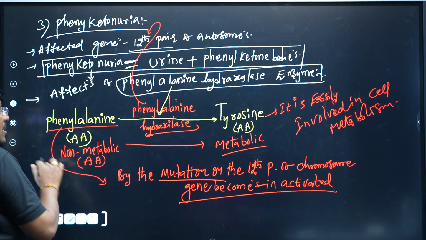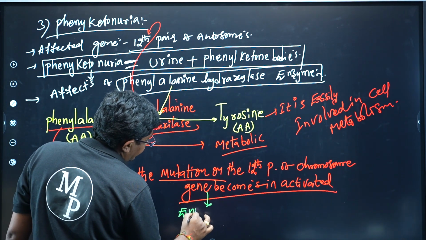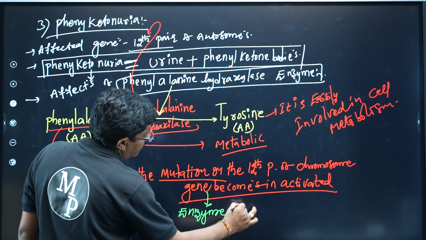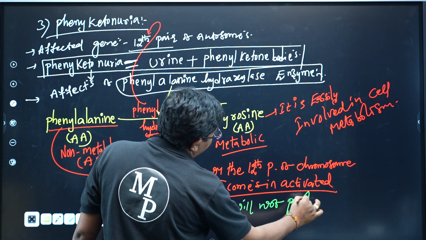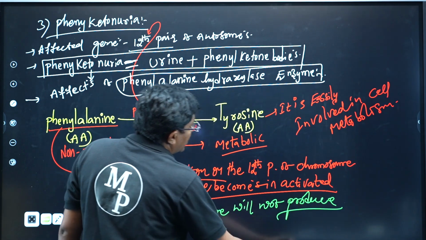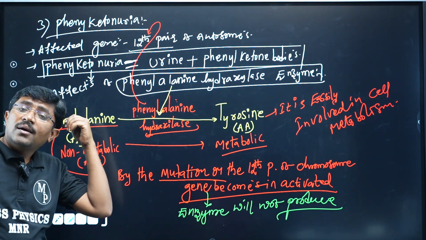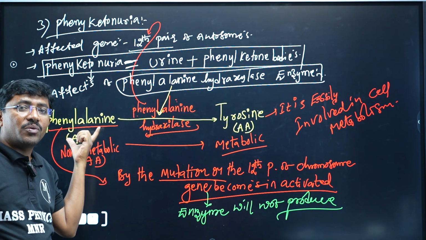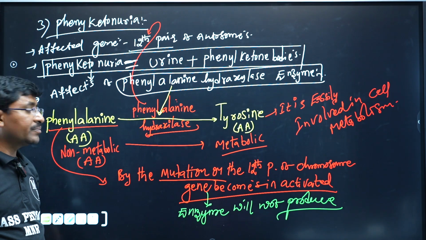Thereby the enzyme will not be produced. Without this enzyme, phenylalanine cannot be converted, and it still accumulates within the human body as phenylpyruvic acid.